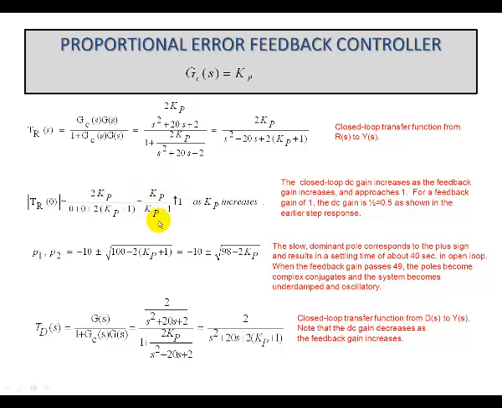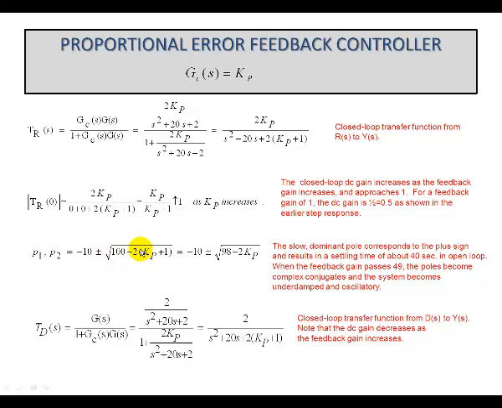this term increases, and its limit is 1. So just like we saw from the simulations, as Kp is increased, the steady state gain gets closer and closer to 1. Now, the other property was the settling time.